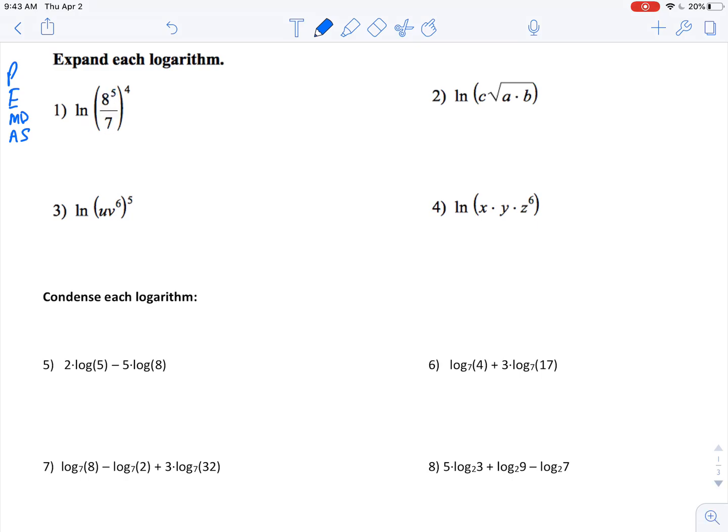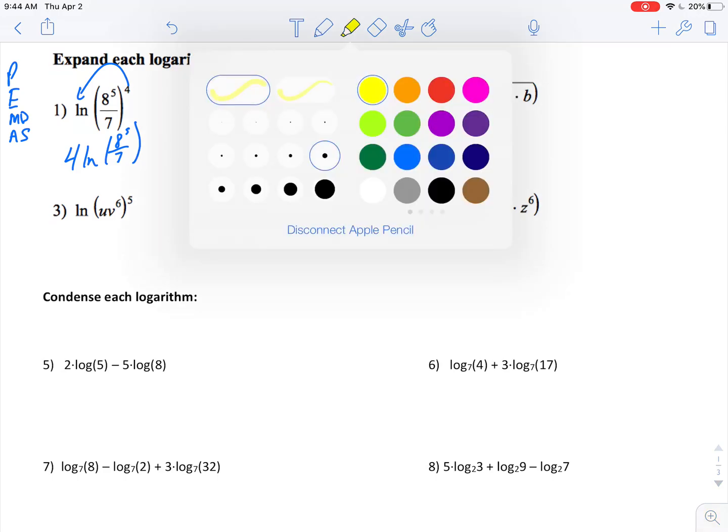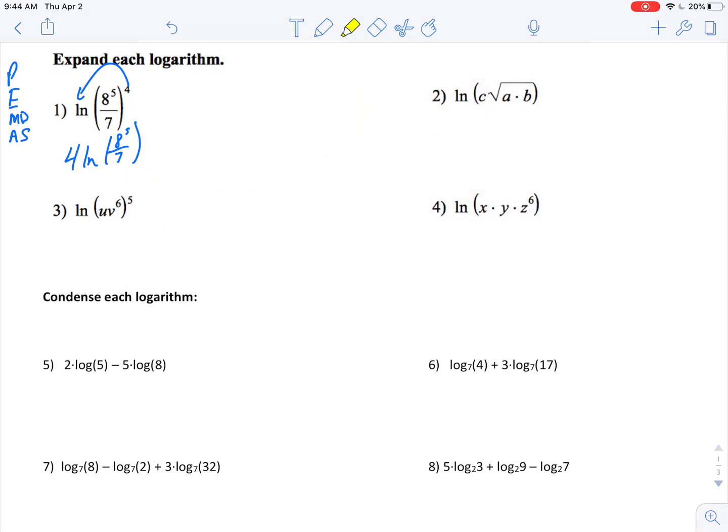So we're going to do our, don't have any, can't really simplify this because 7 doesn't go into 8 to the 5th. So we'll leave that for later. And we'll do our exponents. So exponents, we know, go out front. So 4 times the natural log of 8 to the 5th over 7.